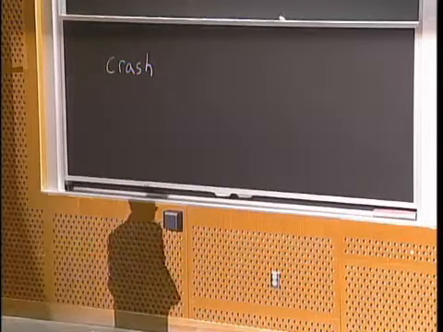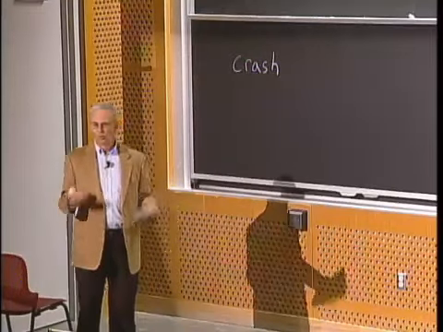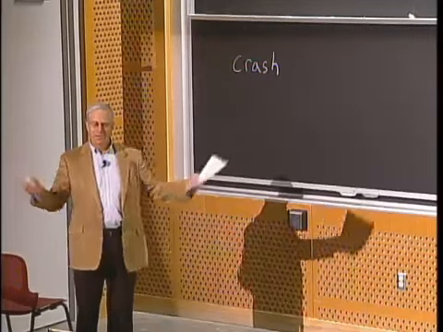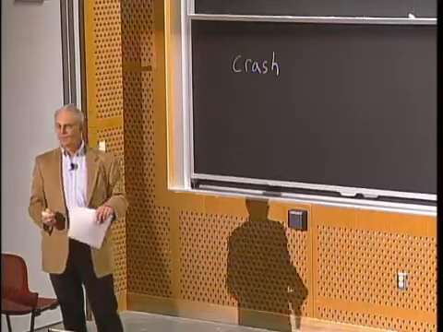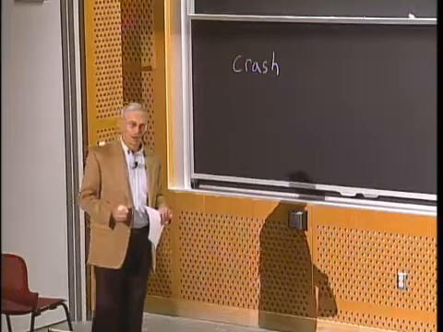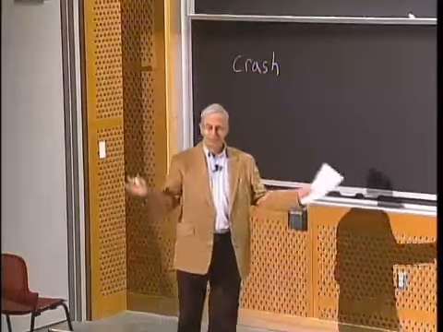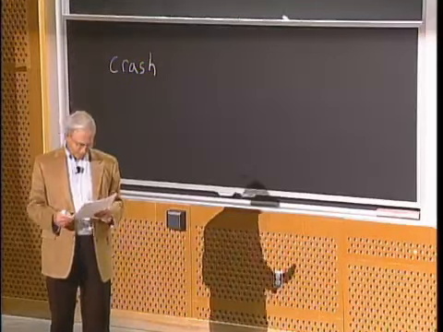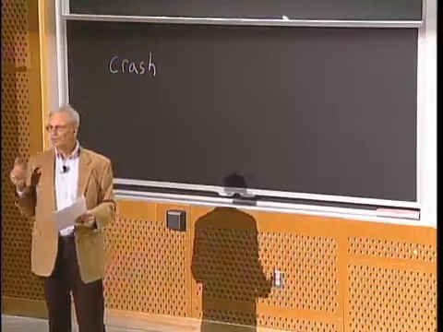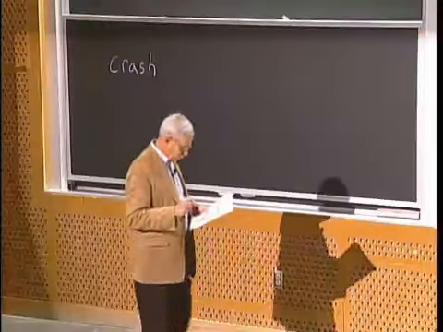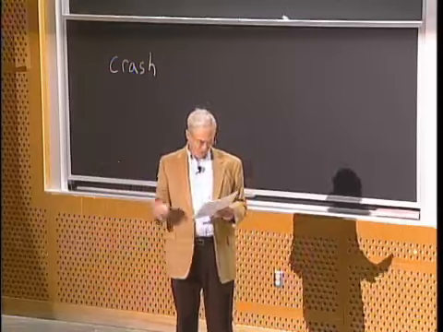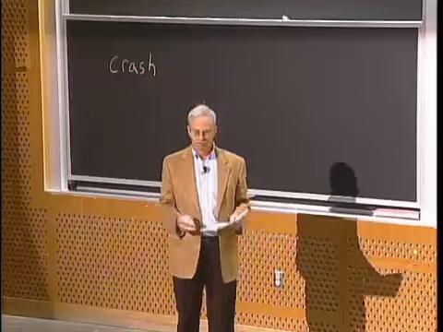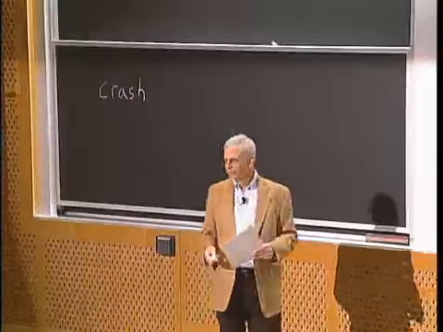You've sat there using your email program or Word or PowerPoint or something, and suddenly it just goes away, and you get a message on your screen and an invitation to send Apple or Microsoft a file explaining what went wrong so they can fix it. In a properly designed computing system, when one program crashes, it does not damage the overall system. So you'd like it to just be local.